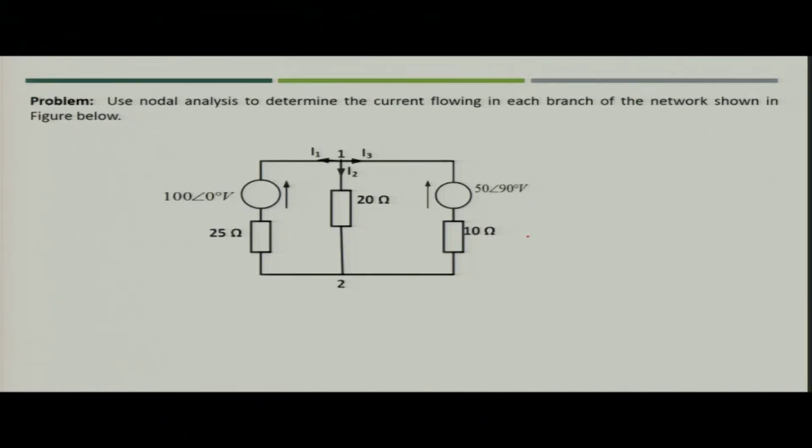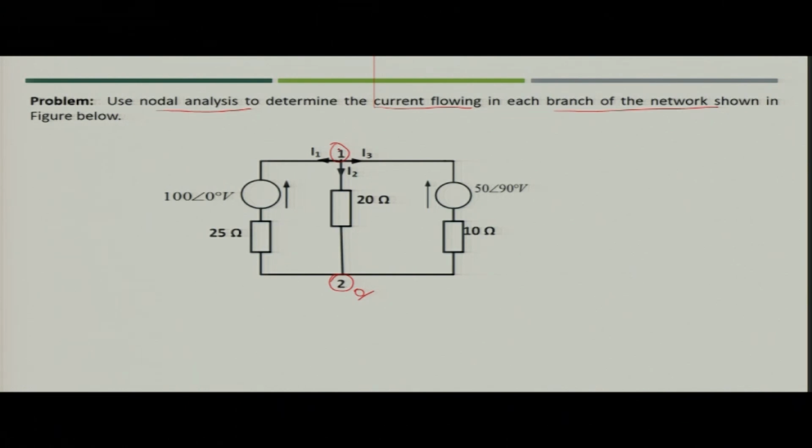Next, let us take another example. If you are asked to use nodal analysis to determine the current flowing in each branch of the network, which is shown in this figure. So, what you can see from here, there are two principal nodes, that is node 1 and node 2. Node 2 you can take as a reference node.